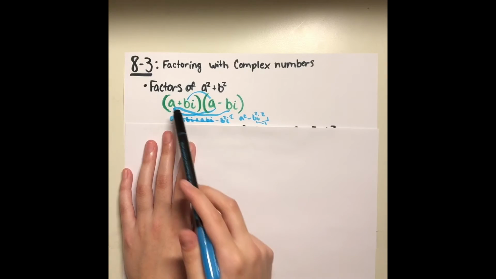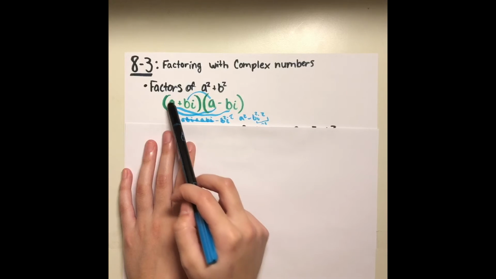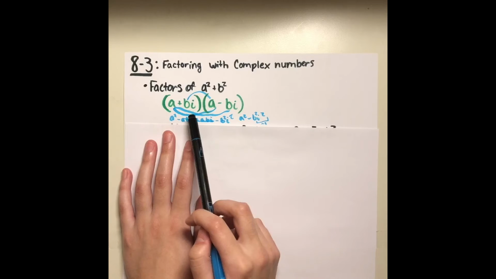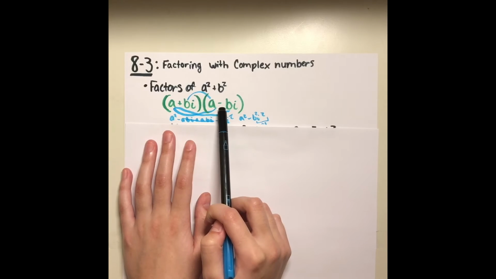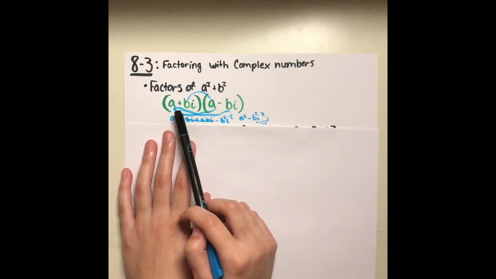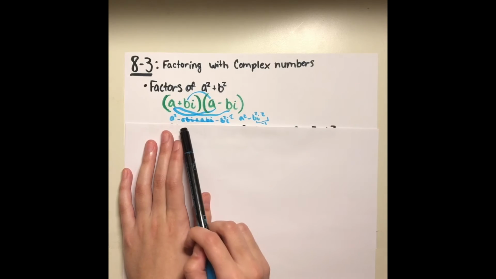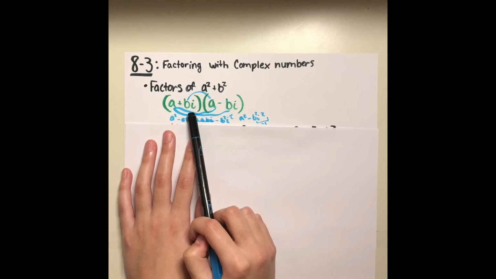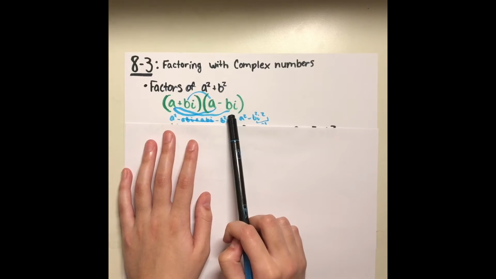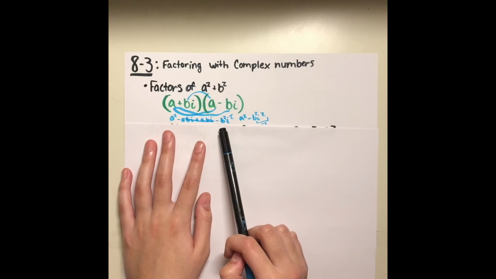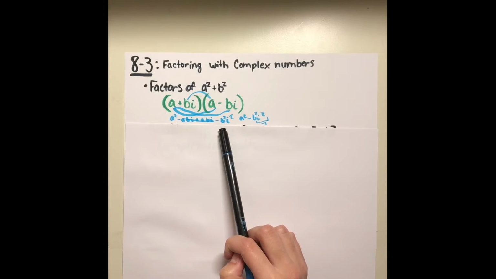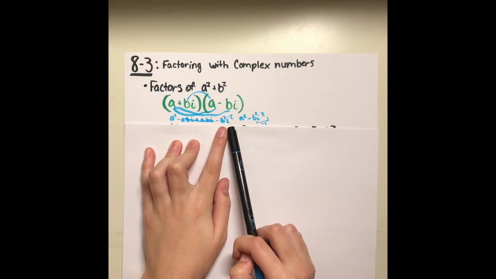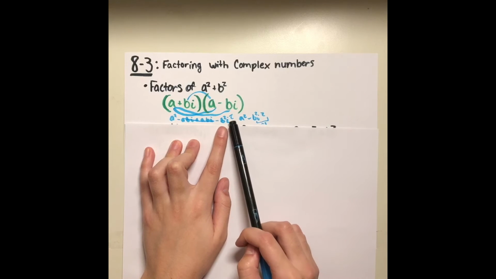So a times a is a squared. A times negative bi is negative abi, and then bi times a is positive abi, so that cancels out. Then you're left with positive bi times negative bi, so you get negative b squared times i squared.